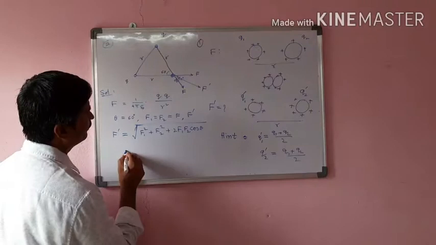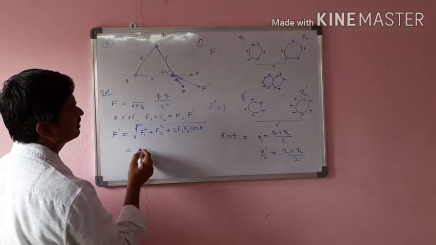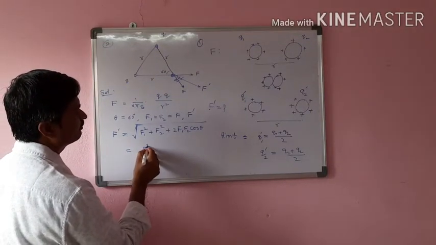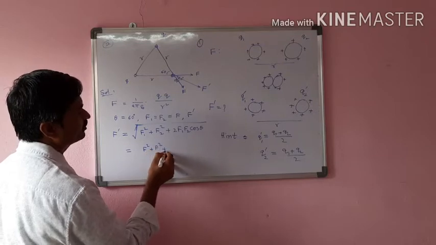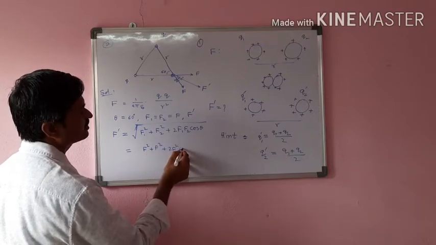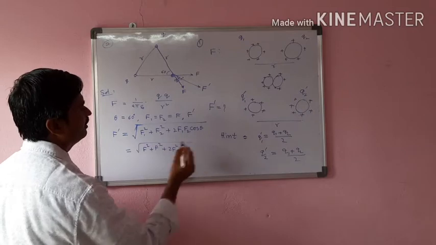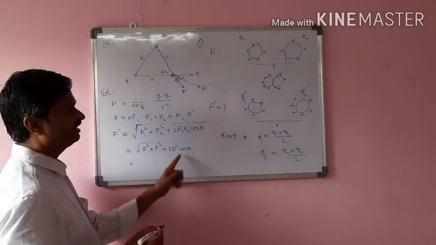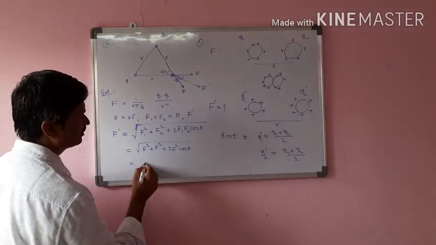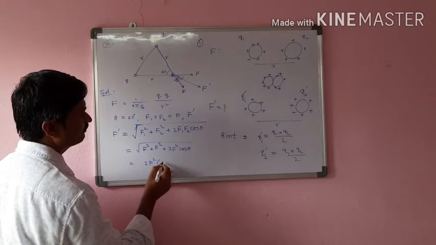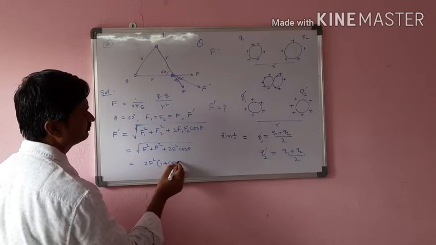So then we can write this, when forces are equal, as F square plus F square plus 2F square cos theta. Now writing in half angle, 2F square is common, 1 plus cos theta.